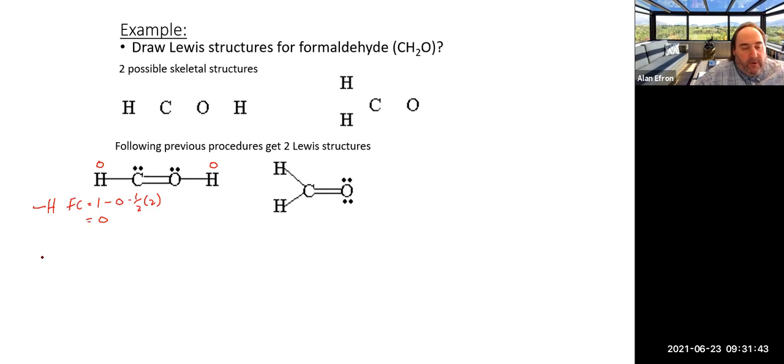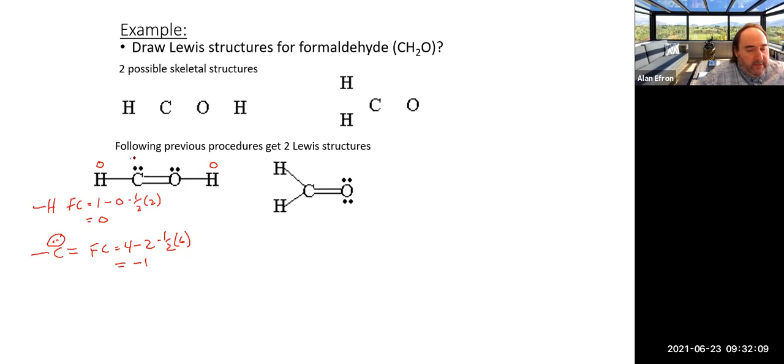We go with the carbon there, which looks something like this. Formal charge here would be 4 minus 2 for the non-bonding electrons, minus 1/2 of 6 in that case. That is going to give us 4 minus 2, which is 2, minus 1/2 of 6, which is 3. So that's 2 minus 3, which is minus 1.